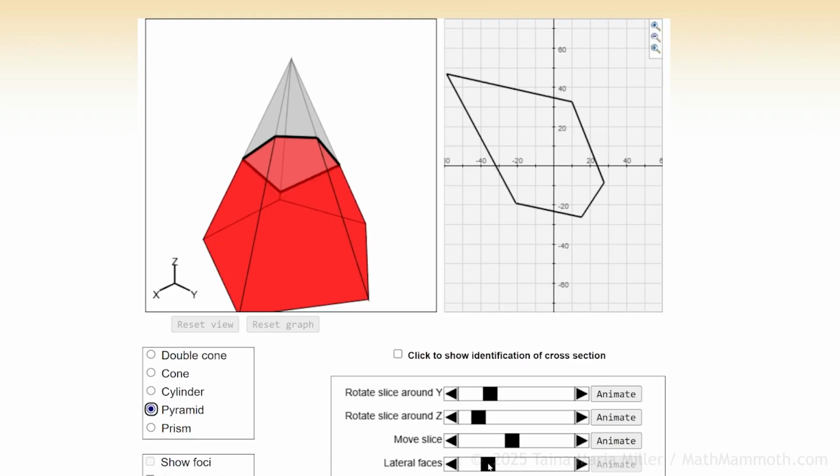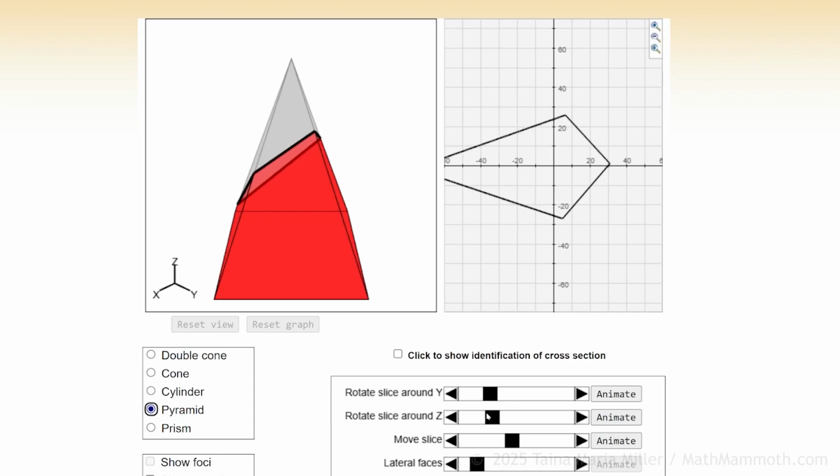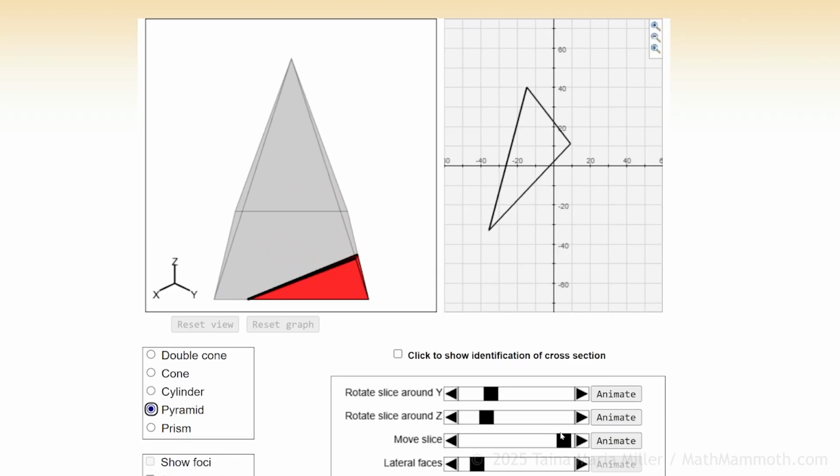I can also make this pyramid to have fewer sides here at the base. Now it is a square pyramid. And over here is a point where the cross-section becomes a triangle.